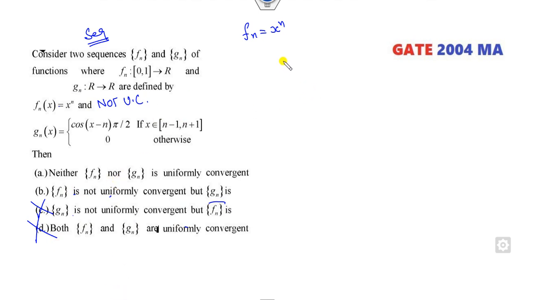Now check about the Gn. So check the limit as n approaches infinity of cos(x minus n pi by 2). So you can see, when x is n minus 1, this value will be minus pi by 2, and cos of pi by 2 will be 0.